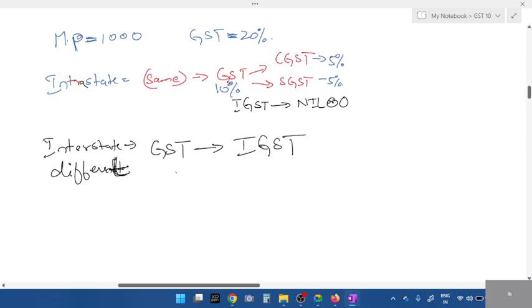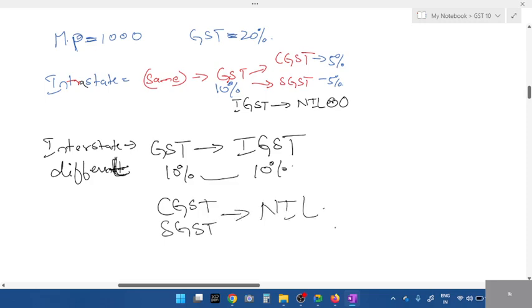IGST percentage is the same. If GST is 10%, IGST also will be 10%. There is no reduction. They don't reduce anything. For interstate, we don't apply any CGST, SGST. So what will be the value of CGST and SGST? What's the answer? It should be nil. That's it. Only these two.